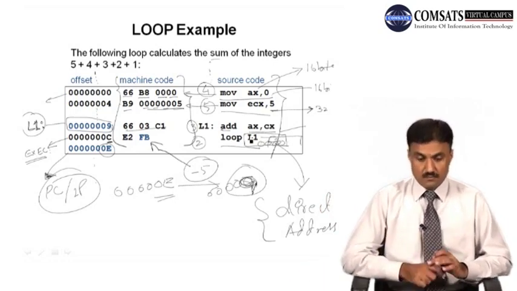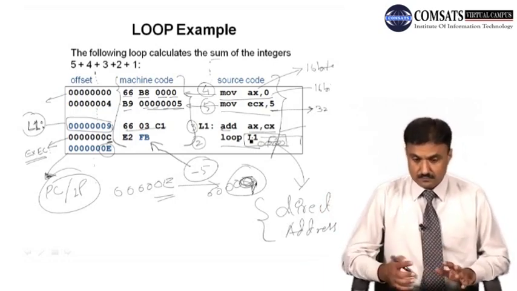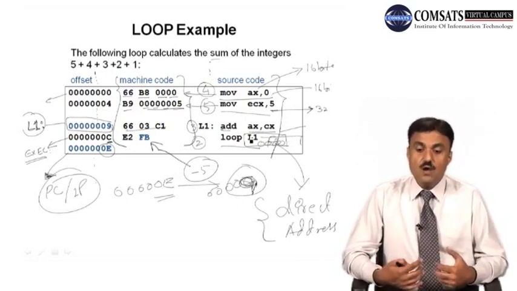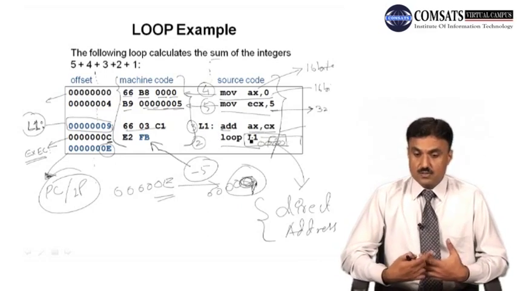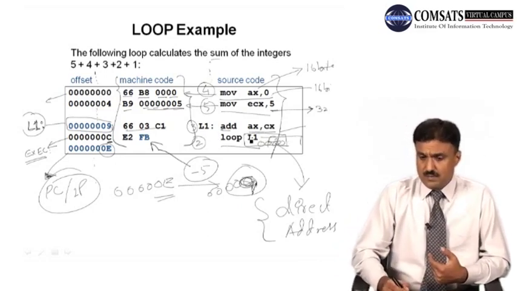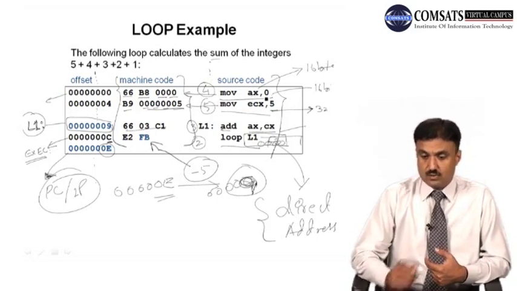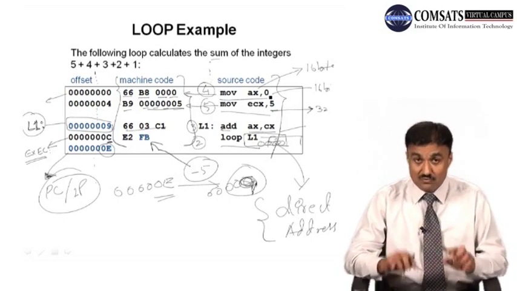Now, I think that was the logic that we discussed. Now what we are going to discuss is what the operation will be. Initially you can see here, move AX is equal to 0. We discussed the program flow.